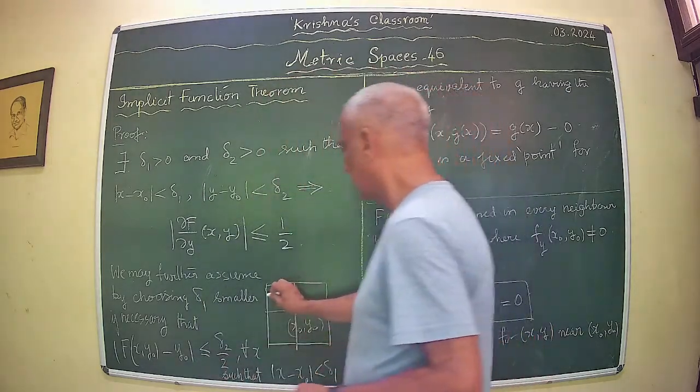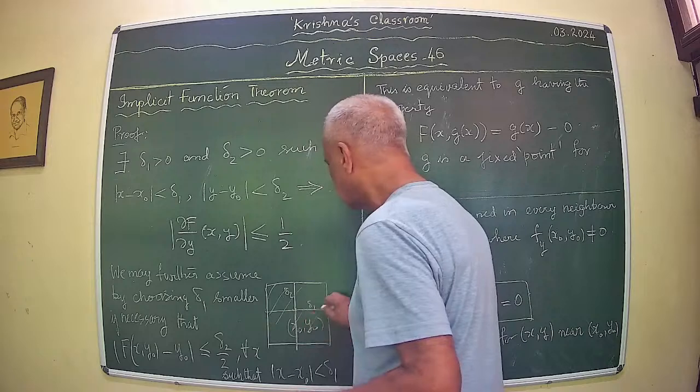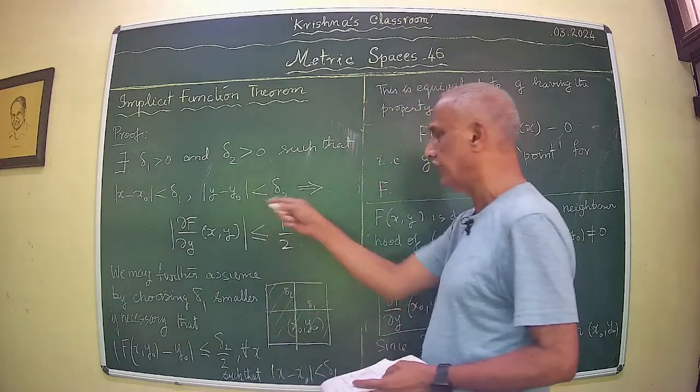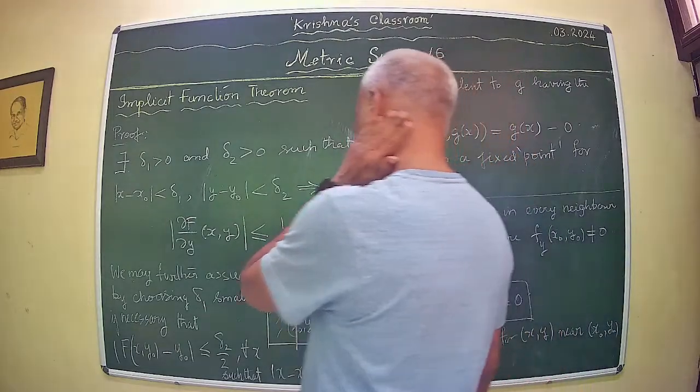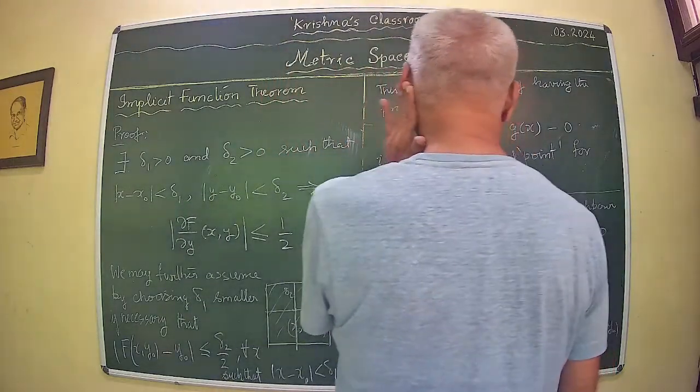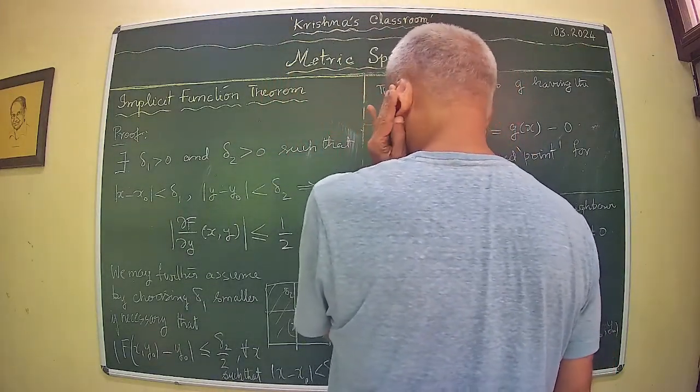So we have gravitated to this portion where you see that df by dy is less than or equal to half, and what more do you have?